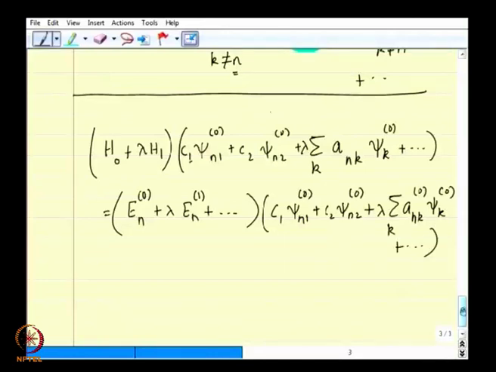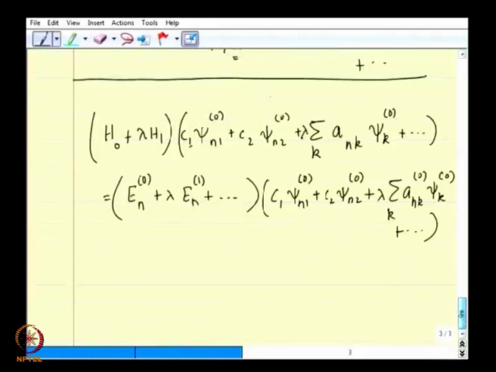So you know, if you collect the coefficients to lambda to the power 0, lambda, lambda square, etc., you remember the way you did that in the perturbation theory lecture two lectures ago.